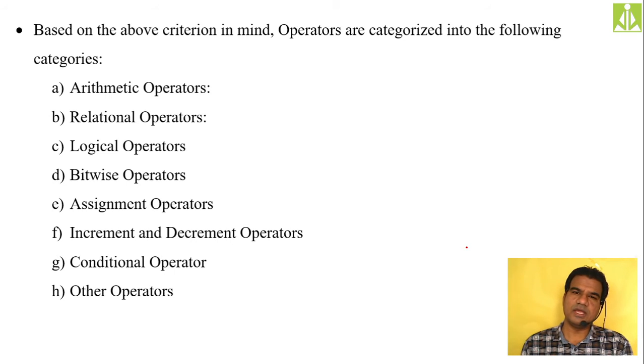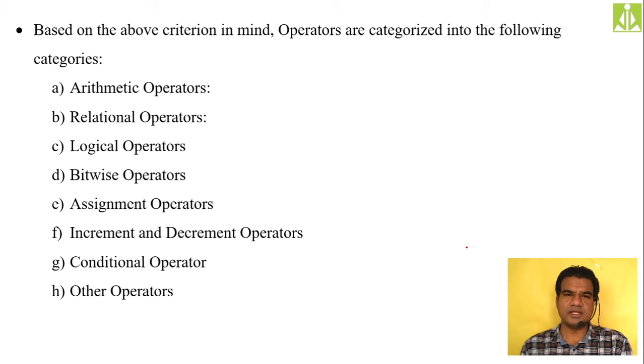We have many unary operators in our operator types. Binary operators take two operands to perform their operation.